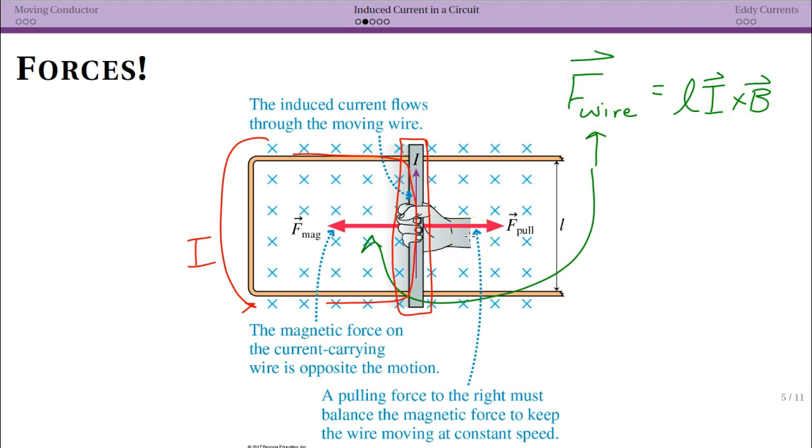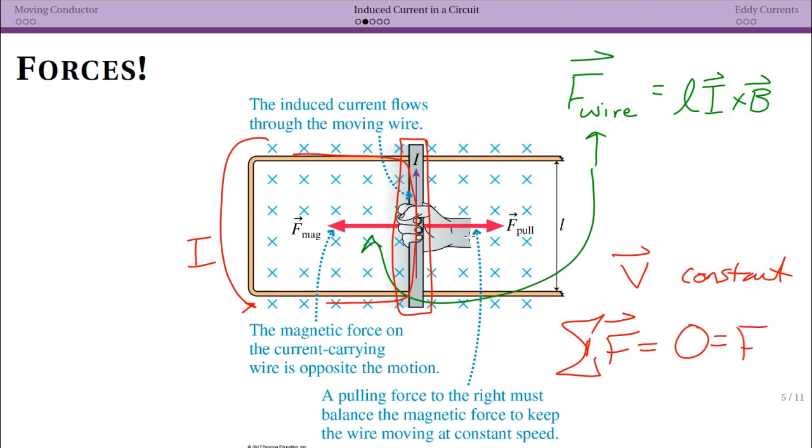Again, if we say that v is constant, then you know that the sum of the forces acting on the bar equals 0. F net equals 0. So that means that whatever force you're pulling with is going to be equal to the force of the magnetic field to the left, as long as our velocity is constant.